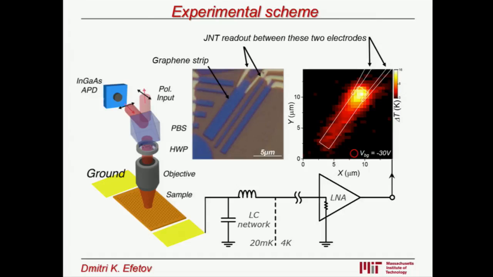What determines the length here, in the diagonal of the bright region to the yellow region? Right. So what we know is that the thermometer is really local. The thermometer is sensitive only to the transport along this small region between the electrodes.